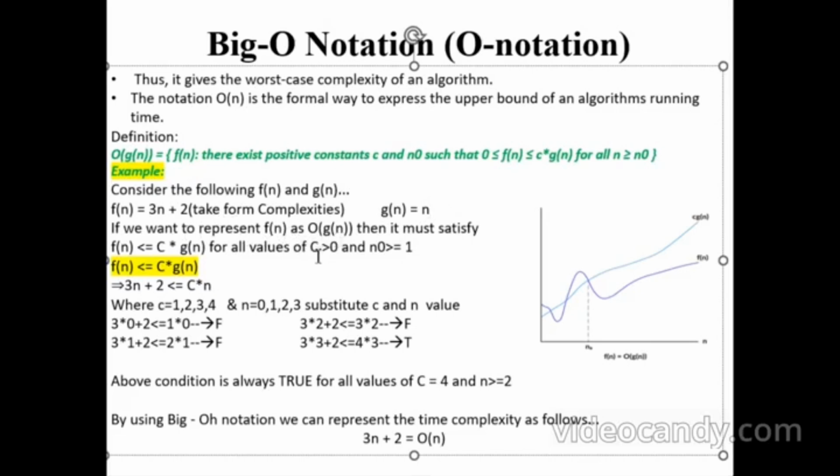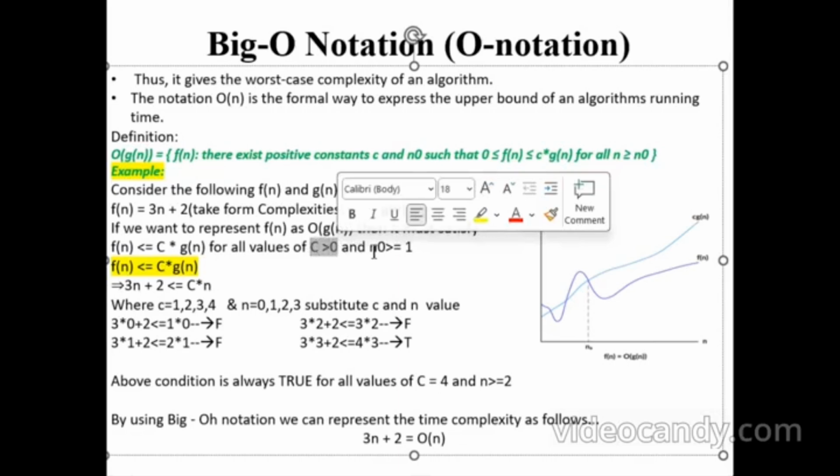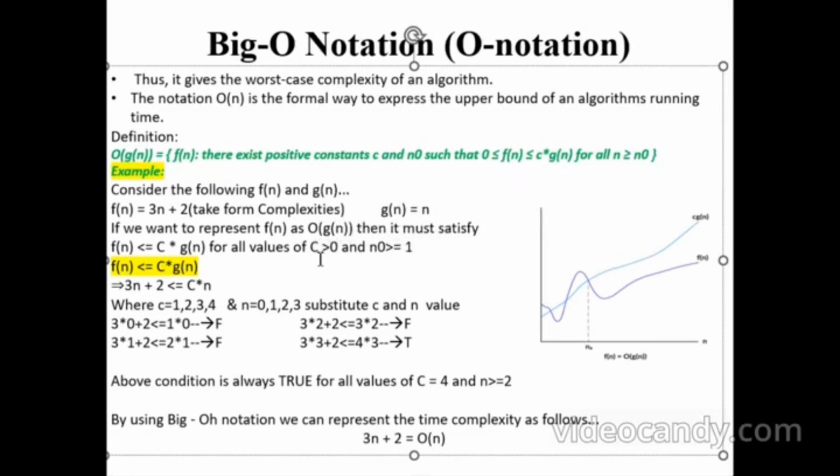At that time we use c greater than 0 and n not greater than or equal to 1. C means constant. From this formula we have to substitute the f of n value and g of n value. Finally we get 3n plus 2 less than or equal to c into n.